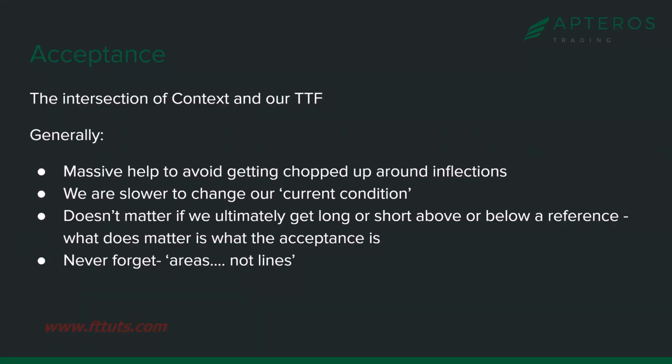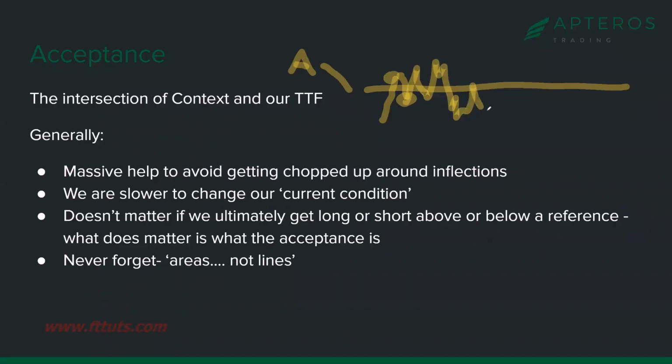That's a key concept. You've got a reference, and most people are like, well, it's above, let's get long. Oh, it's below, let's get short. And we're going to use a whole different concept, combining what we learned about rhythm to determine relative to this level A whether we should be looking to get long or short, depending on what price does around it. And then finally, never forget areas, not lines.